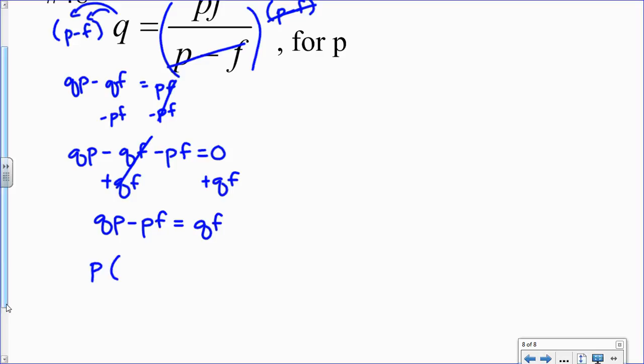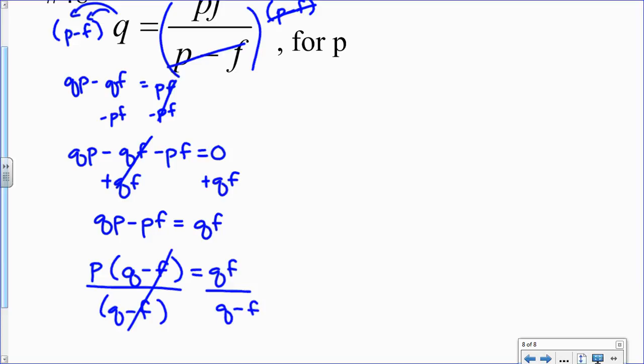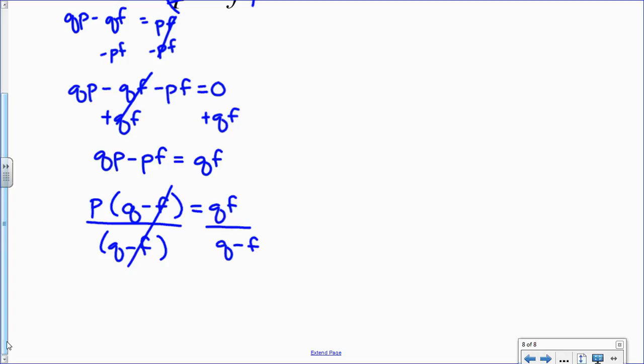So if I factor out a p, what am I left with on the inside? q minus f, good. And then what do we do? Yep, then divide by q minus f. So p equals qf over q minus f.